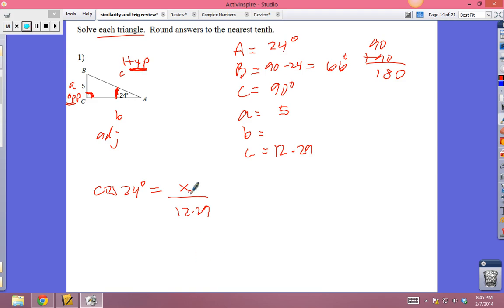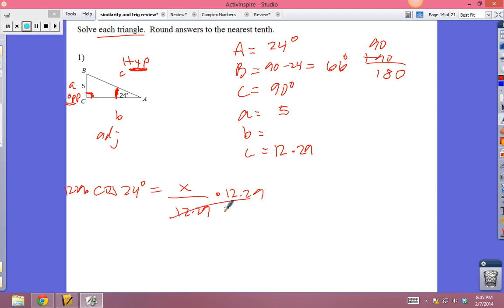Okay, now this one's easy because what I'm looking for is on top of the fraction. So I'm going to solve for x. I'm going to ditch this 12.29. So I'm going to times this side by 12.29. Times this side by 12.29.